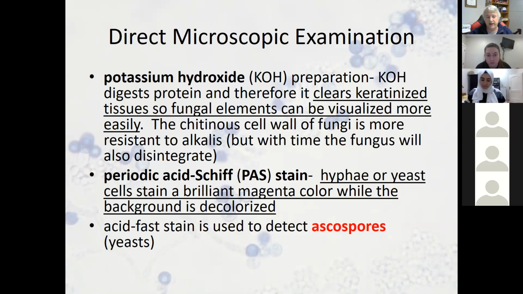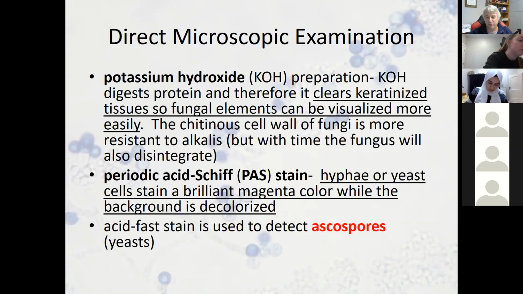We can use the periodic acid-Schiff PAS stain. Hyphae and yeast cells stain a brilliant magenta color while the background is decolorized. And I know magenta was one of our colors from lab that was not universally recognized in translation to Chinese. So somebody help out with magenta. What color would you compare magenta to? Purple and red.